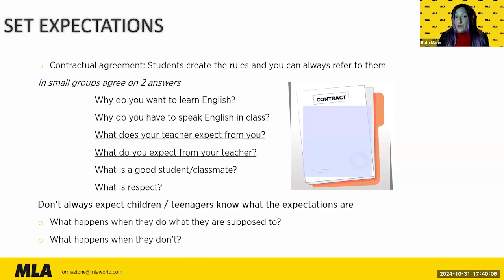With lower level learners, with younger learners, I keep the sheets and then I give them stickers, monthly or every 3 months, every term. How well have you done? They grade themselves with the stickers, and then I award them with a sticker as well. This image comes from one of our, well, all of our Task Time books. In fact, for the first lessons, we always do these contracts. Yes.